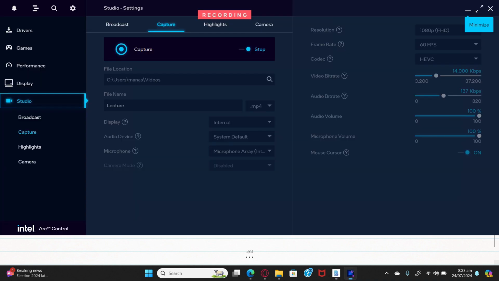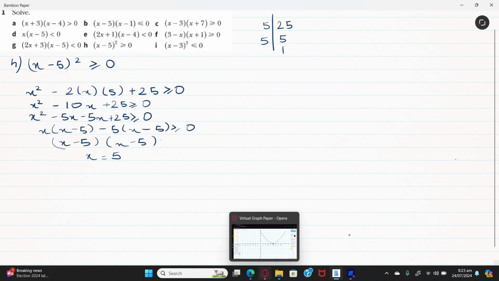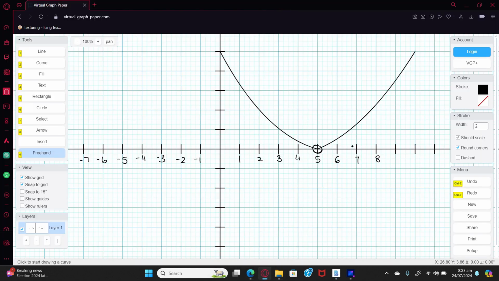So which is the part of the graph which is greater than or equal to 0? Well, if we would have concentrated, we would have noticed that all of the graph is either greater than 0 or it's equal to 0. The point x equals to 5 is equal to 0, and the rest of the graph is greater than 0.